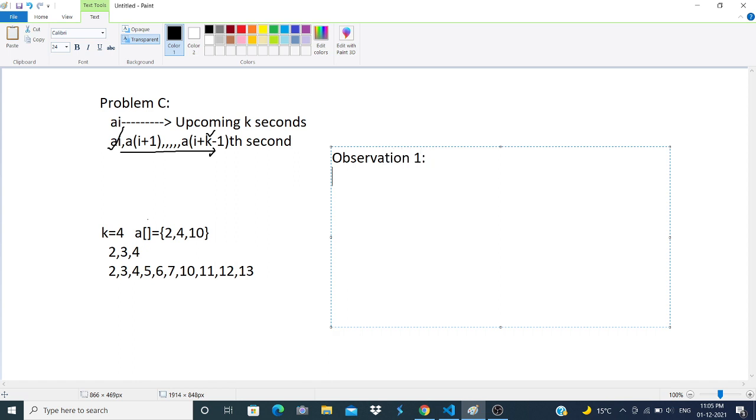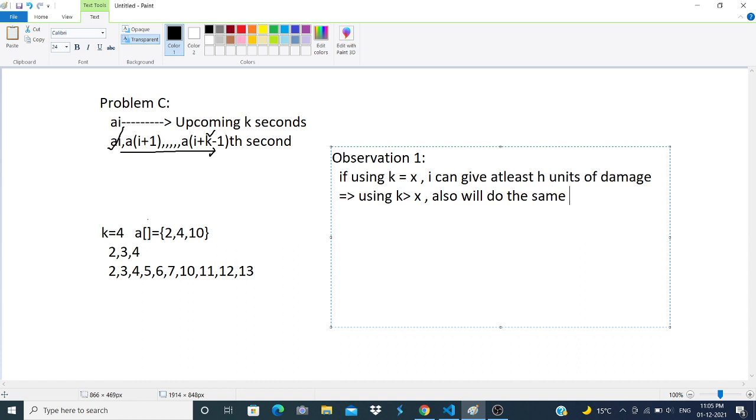So the first observation is that if using k equal to, let's say, x, I can give at least h units of damage, then that implies that using any k which is greater than x will also do the same.